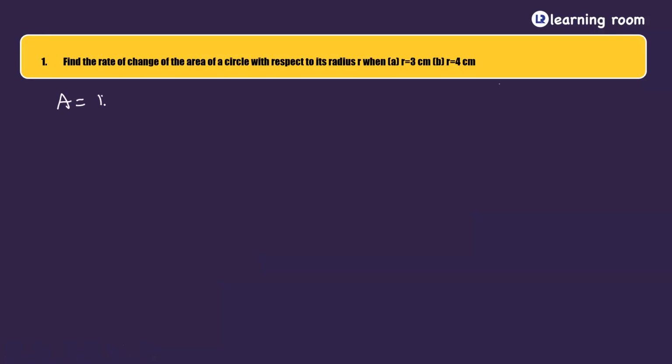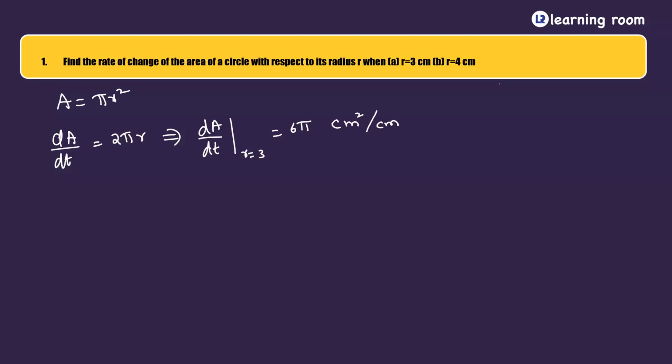So A is equal to pi r square. dA divided by dr is 2 pi r. When you substitute r is equal to 3 here, you get 6 pi centimeter square per centimeter.